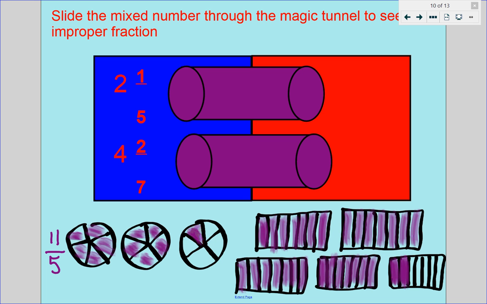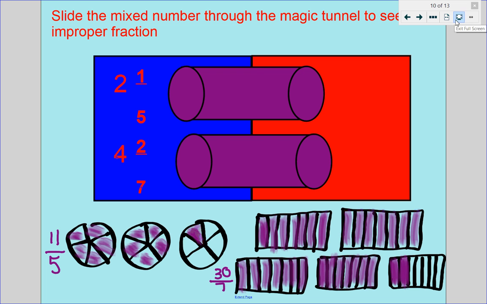Did you catch what I did there? 4 of them was 7 in each, so it's 7 times 4. 7 times 4 is 28, plus 2 more, which gives me 30, right? And so we have 30 over what we have it cut into, 7 pieces. So there's your improper fractions.